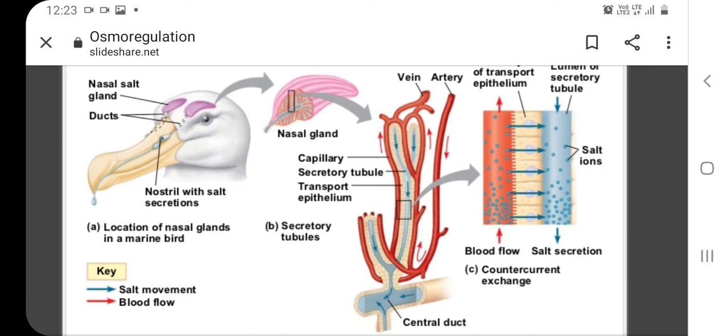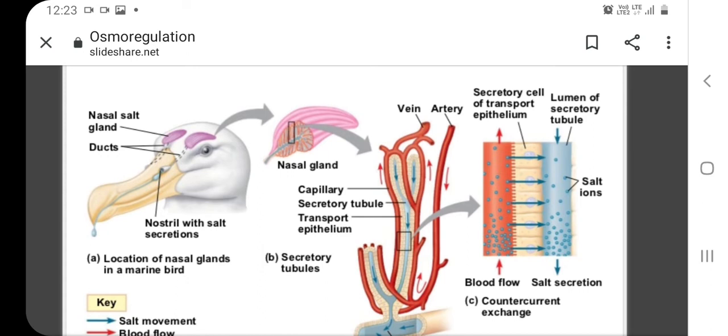The blood flows in an upward direction, and by counter exchange method, the concentration of ion is also more in the contact region via the epithelial cells, and in the secretory tubule the fluid is going downwards.